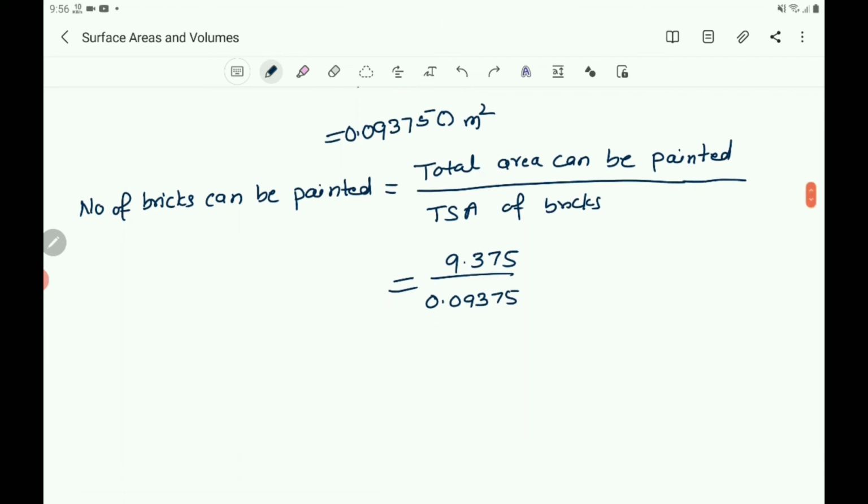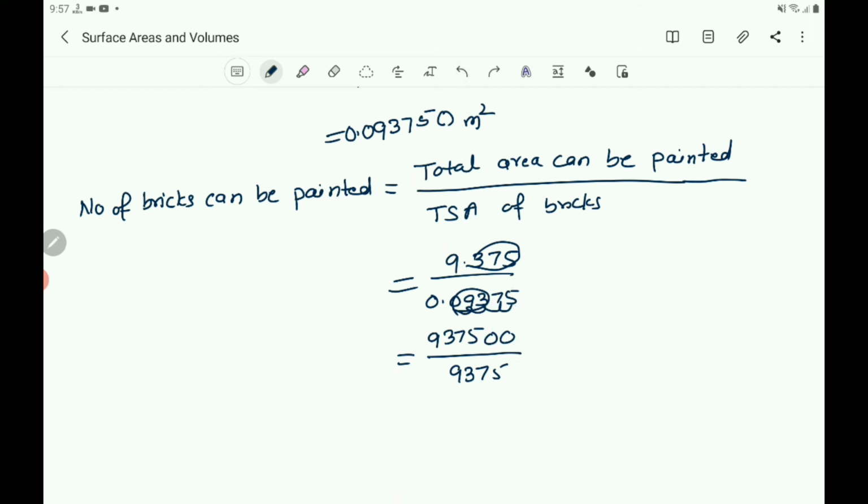You can leave this 0. Then you shift 1, 2, 3, 4, 5 digits. Write 9375, and for the 3 digits shift them, and extra 2 zeros you have to put. That is 937500.